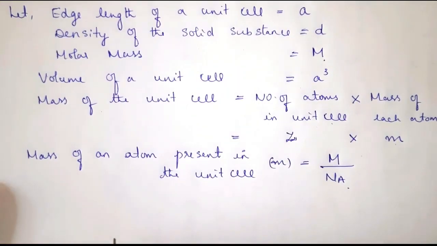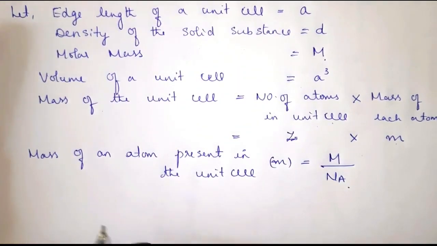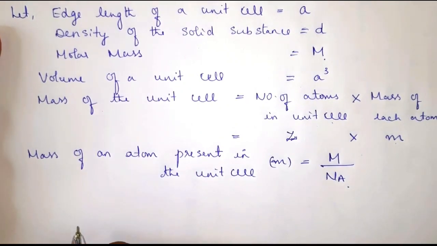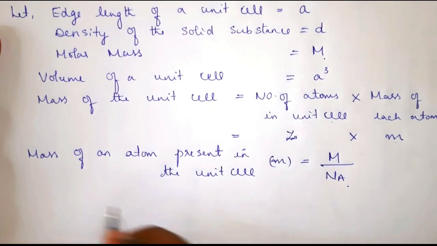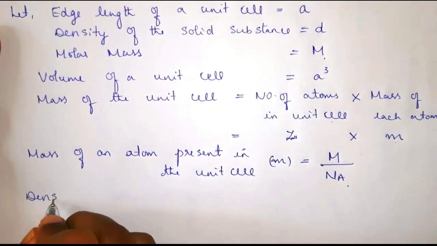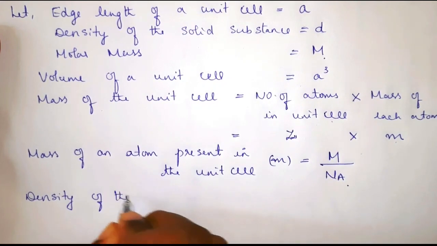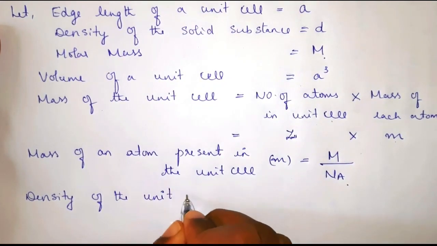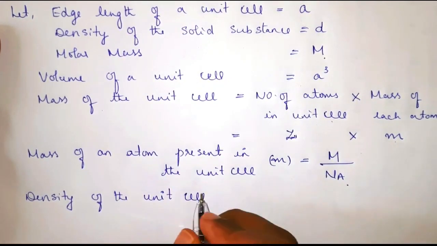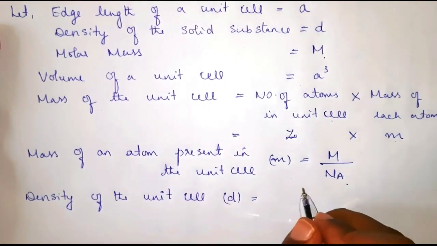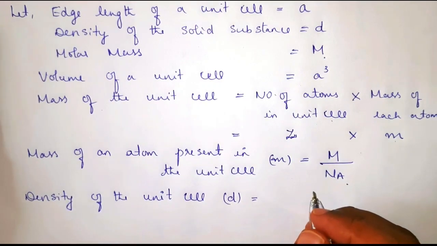Now we are going to find the density of the unit cell. So our aim is to find the density of the unit cell from the mass of an atom. Density of the unit cell, that is D. You know how to find the density.